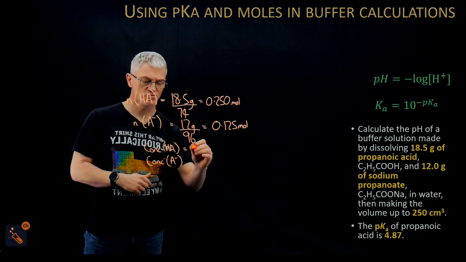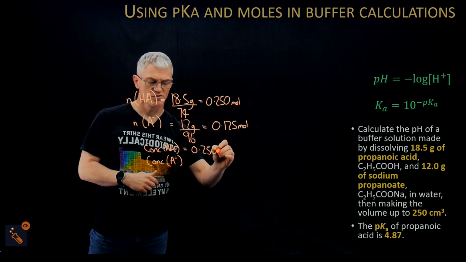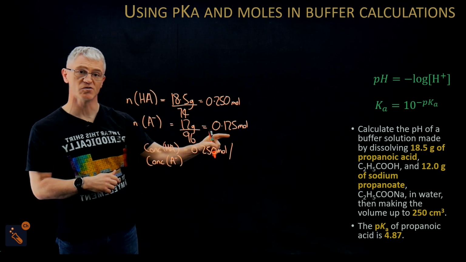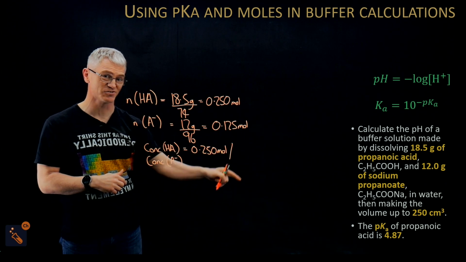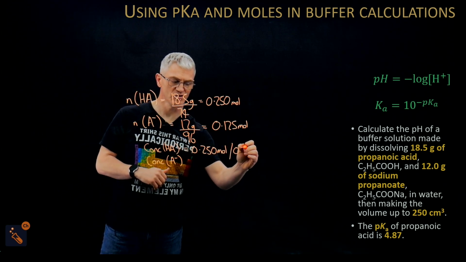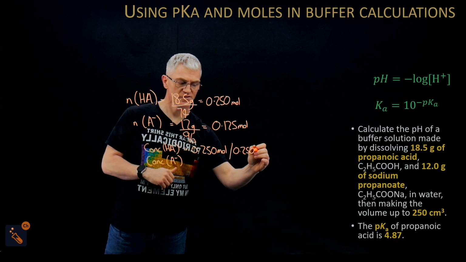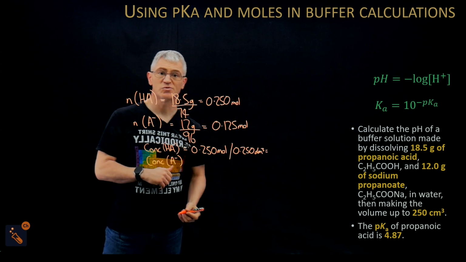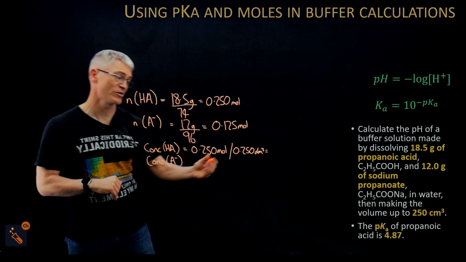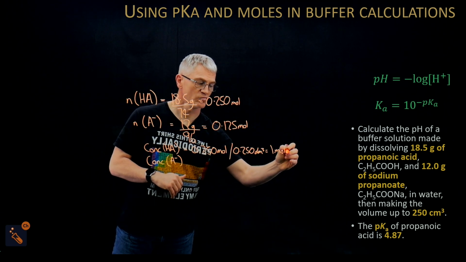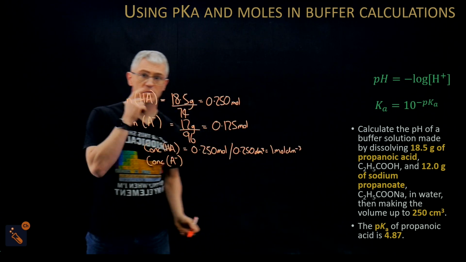So that means we do 0.25 moles divided by our new volume, because it's made up to 250, so that's 0.25 divided by 0.25, because that's in decimetres cubed. That is a nice number, it is 1 mole per dm cubed.